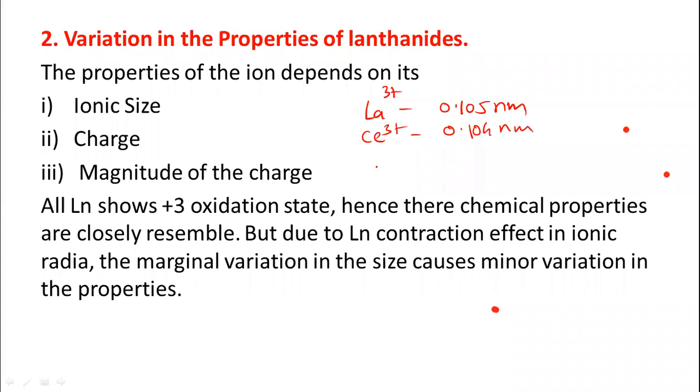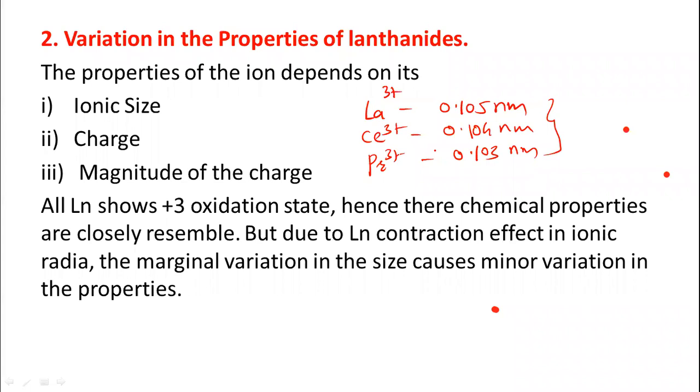Next element, praseodymium tripositive, has 0.103 nanometer. So how much variation is there? Marginal variation, a steady decrease in the ionic radius. So we can say that marginal variation in the size causes minor variation in the properties.